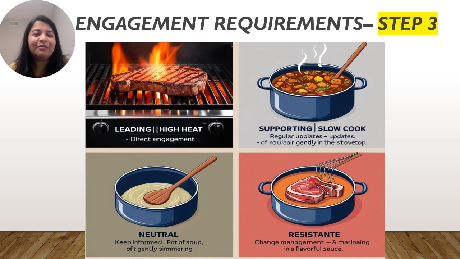If you are having a nice barbecue set up, you need to marinate certain ingredients that you would be using for cooking it and then having it later as the barbecued dish. In a similar manner, you would be dealing with certain resistant stakeholders who are not ready to accept any kind of change. So you need to marinate them with proper information so that they agree to those changes later on.